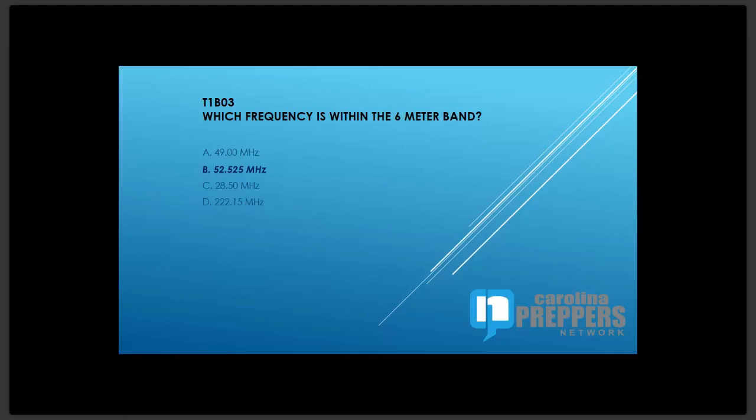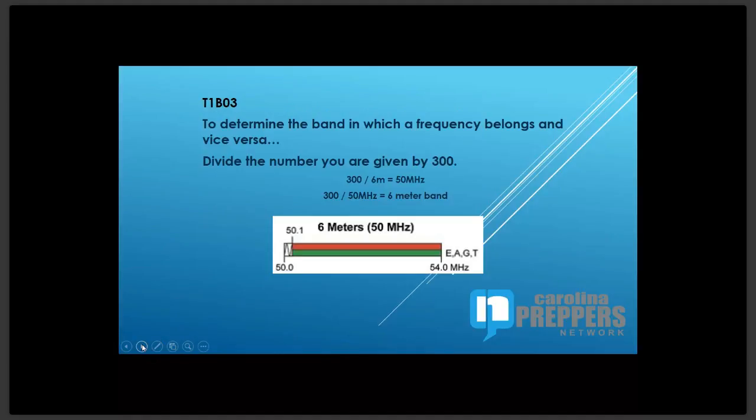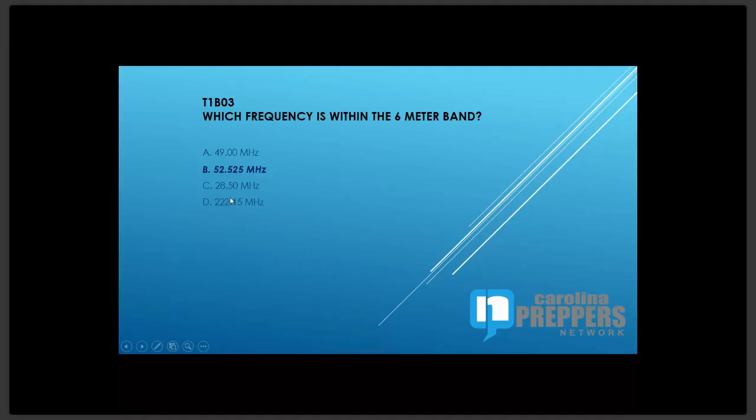But if you divide, likewise, 50 megahertz into 300, you're going to get 6. And here you go. So remember I told you 49 megahertz isn't even in the band. And these other two, you can completely knock those out. This 28.50, that's going to be a 10 meter band. Why? Because I'm going to divide 28 into 300, and I'm going to get really close to 10 meters.